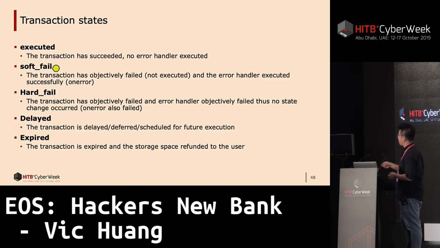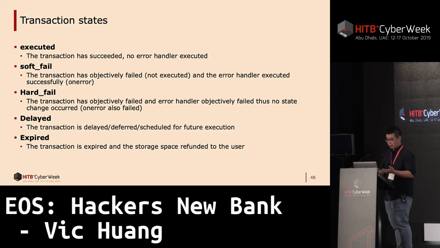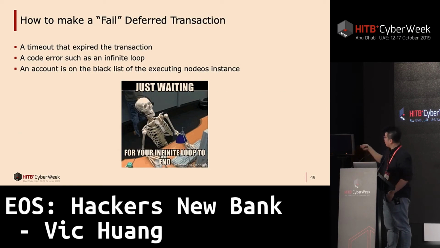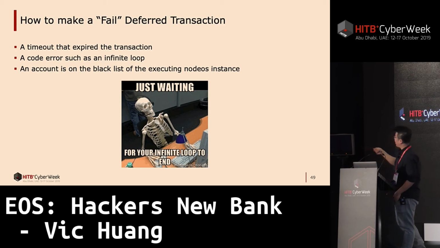Next is the hard fail. What is a hard fail? First, we make a timeout transaction. You can write a long sequence of code in the transaction, and after you execute it, it takes so long that the whole transaction expires.